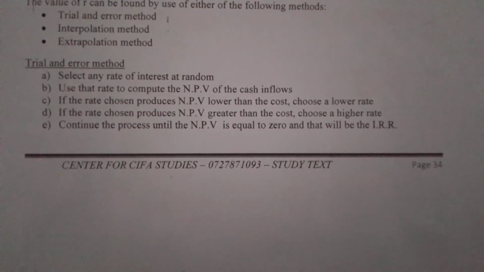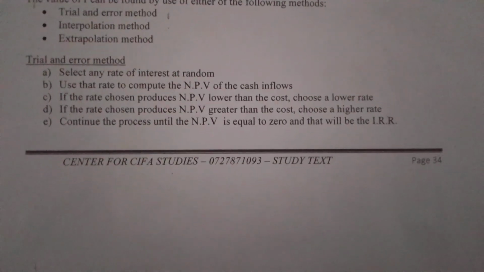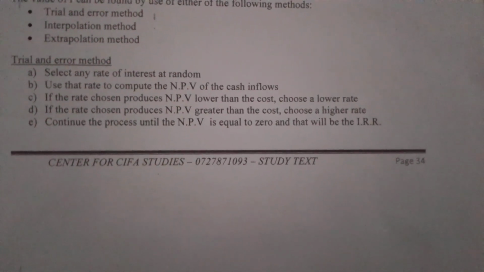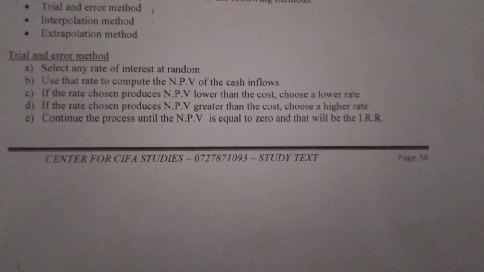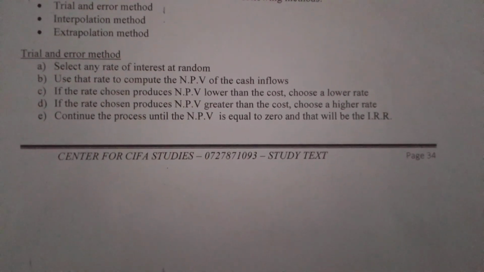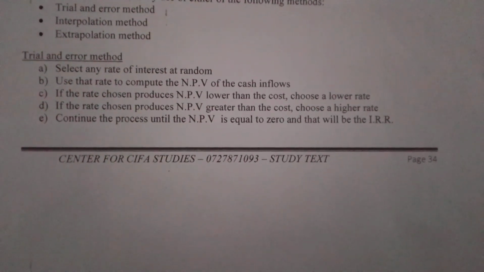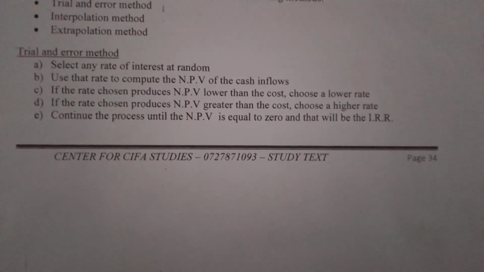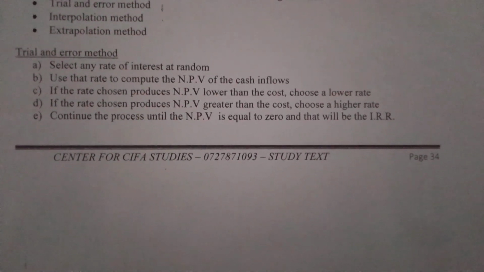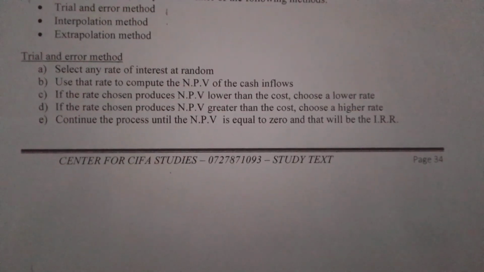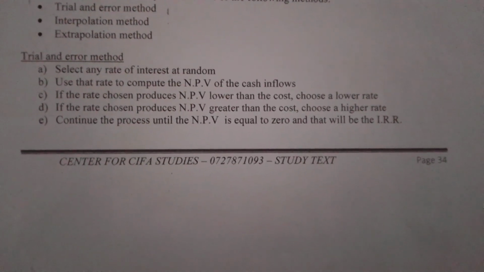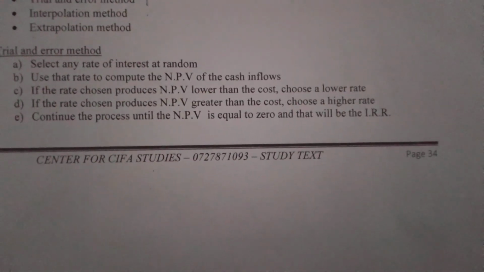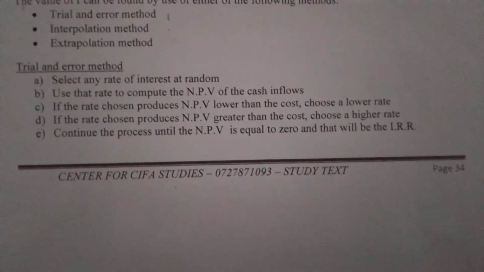Step C is quite important. Step D, if the rate chosen produces a net present value greater than the cost, you choose a higher rate. Step E, continue the process until the net present value is equal to 0, and that will be the IRR.